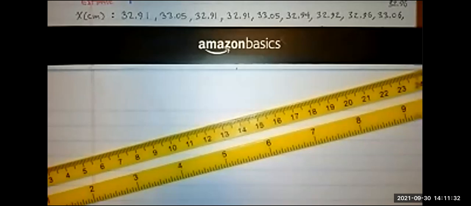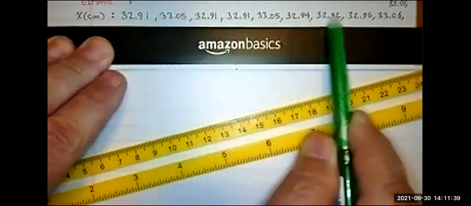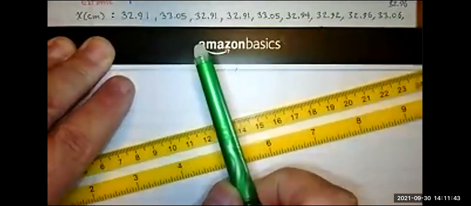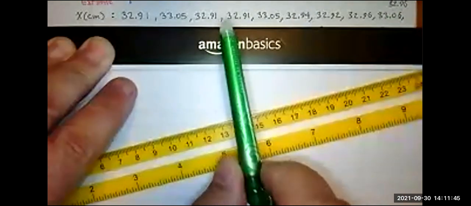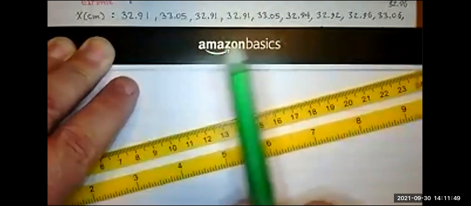Okay. So if I wanted to report that data, what I would do is, I'm equally confident in every one of those 10 measurements. So I just add them up and divide by 10, and that would be my estimate of the best value for X. Now, what would I put after the plus or minus?